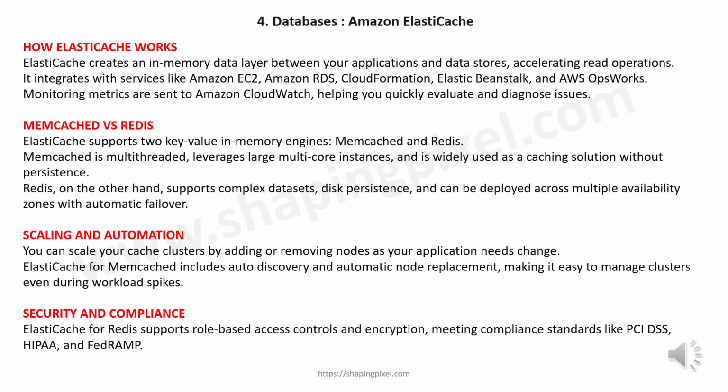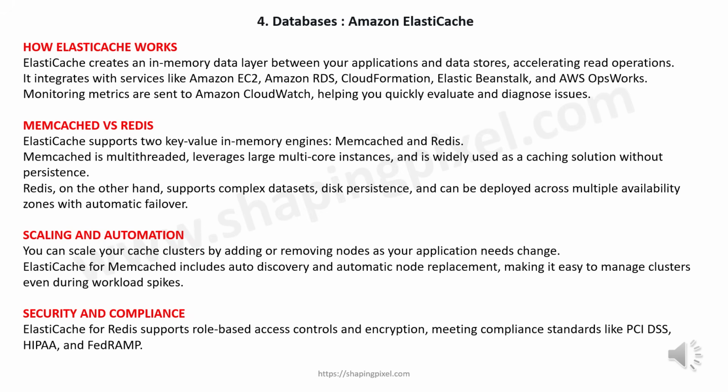ElastiCache creates an in-memory data layer between your applications and data stores, accelerating read operations. It integrates with services like Amazon EC2, Amazon RDS, CloudFormation, Elastic Beanstalk, and AWS OpsWorks. Monitoring metrics are sent to Amazon CloudWatch, helping you quickly evaluate and diagnose issues.